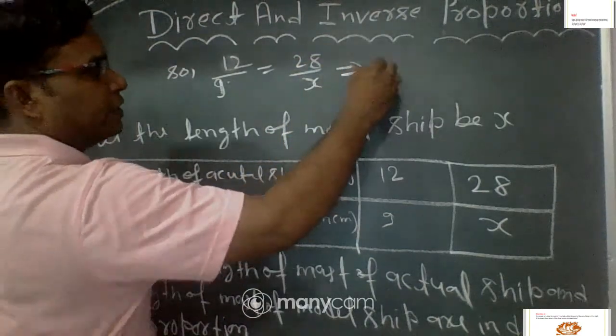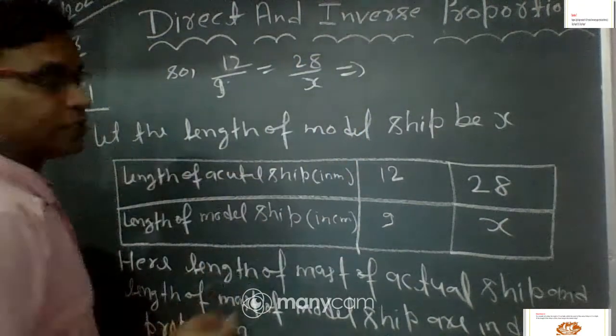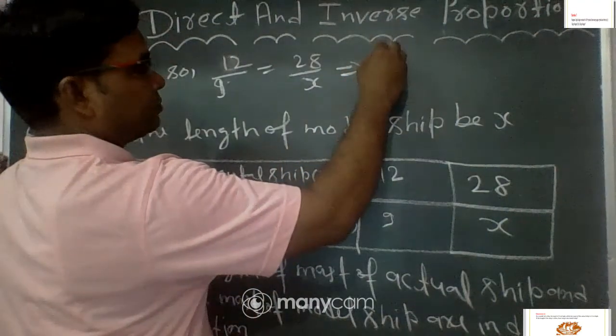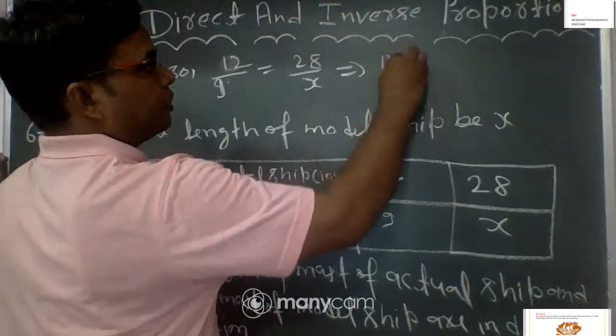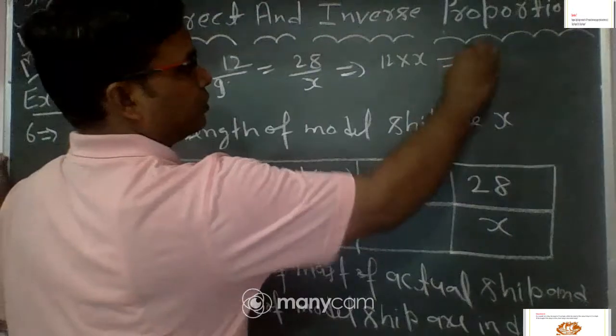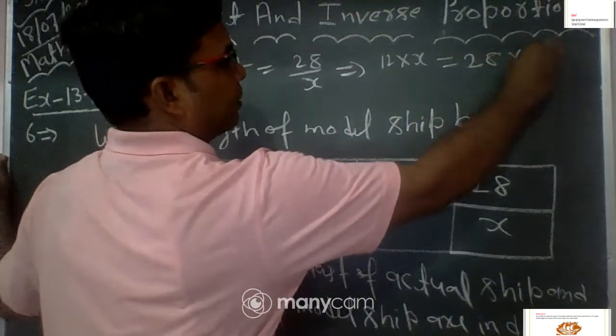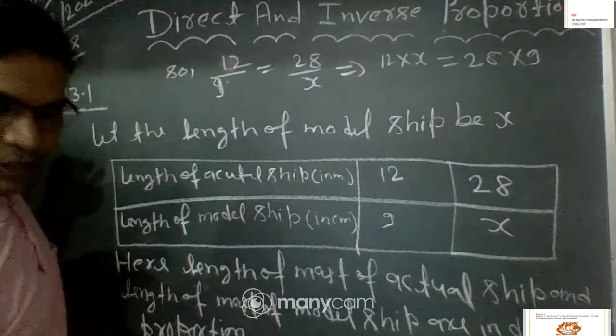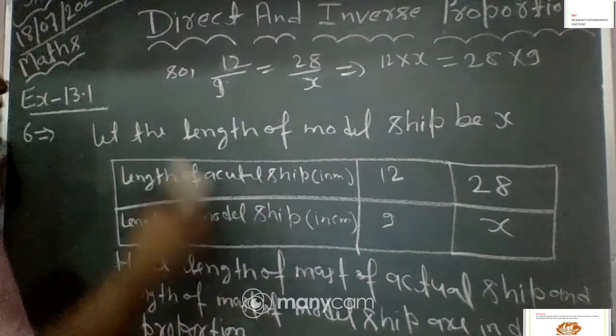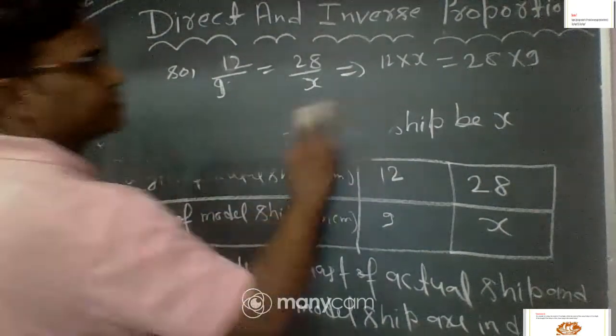Or you can write by cross multiplication: 12 into x is equal to 28 into 9. And clear? So you can erase this.